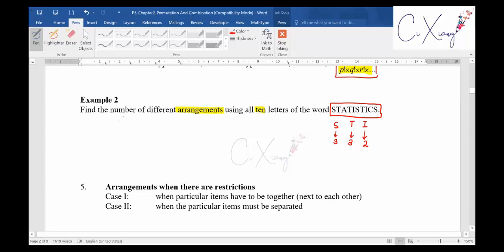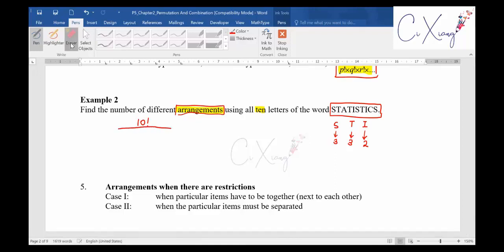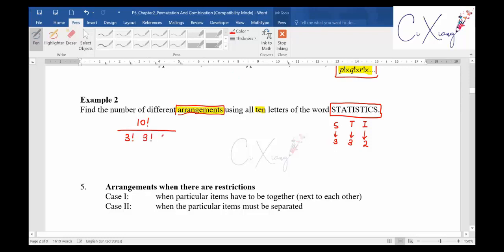To get the number of arrangements, the formula is: originally you have 10 letters, therefore 10 factorial, divided by, because in your arrangement you have 3 S, 3 T, and 2 I, 3 factorial, 3 factorial, and 2 factorial. In the end, you get the answer, which is 50400.